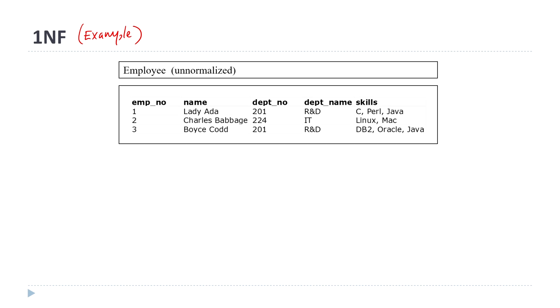Let us take a table here. There is an employee table. We call it an unnormalized table, and we have been discussing this previously.